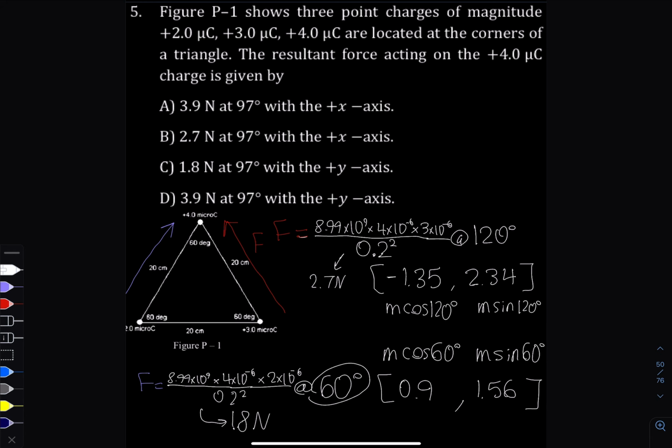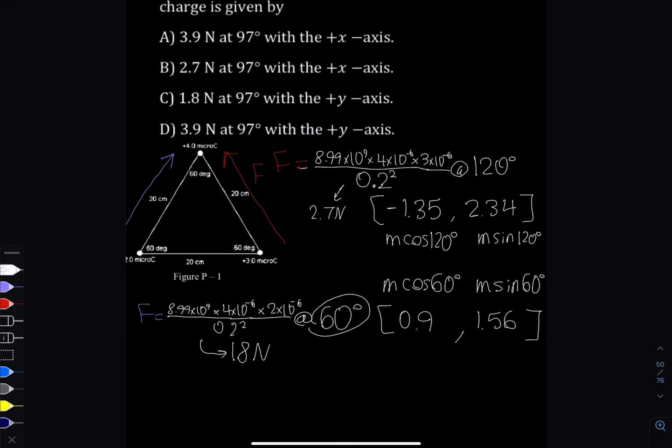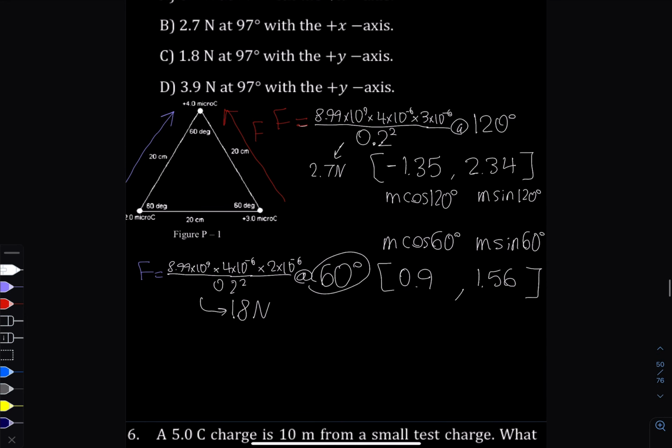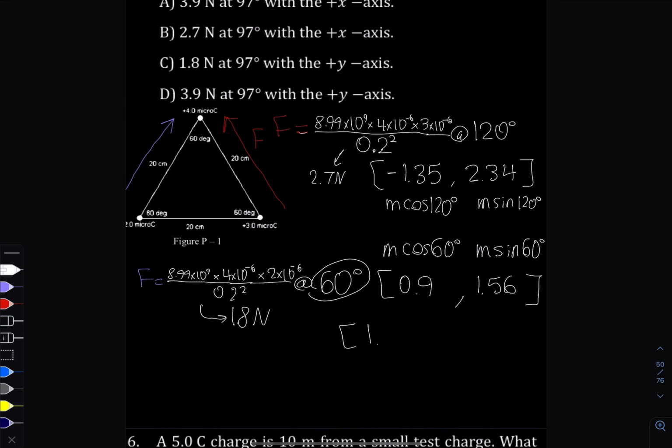So now if we take these components and we add them up, so let's copy them down. Negative 1.35, 2.34, 0.9, 1.56.